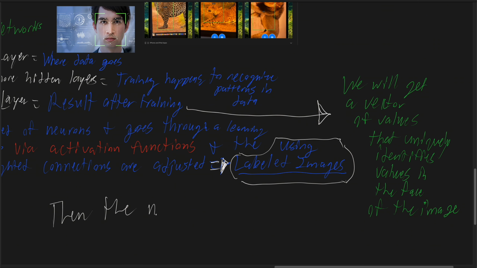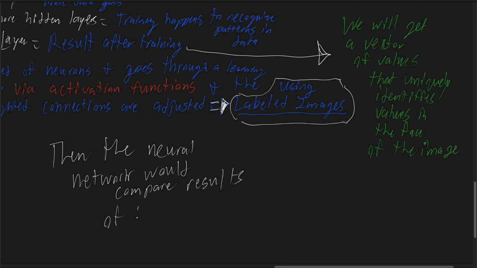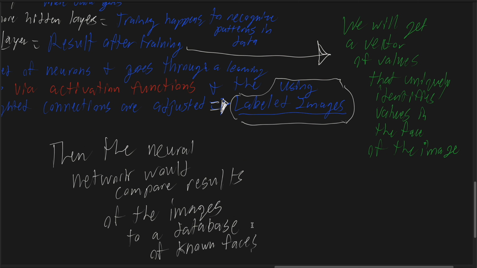Then the neural network would compare results of the images to a database of known faces to find a match.